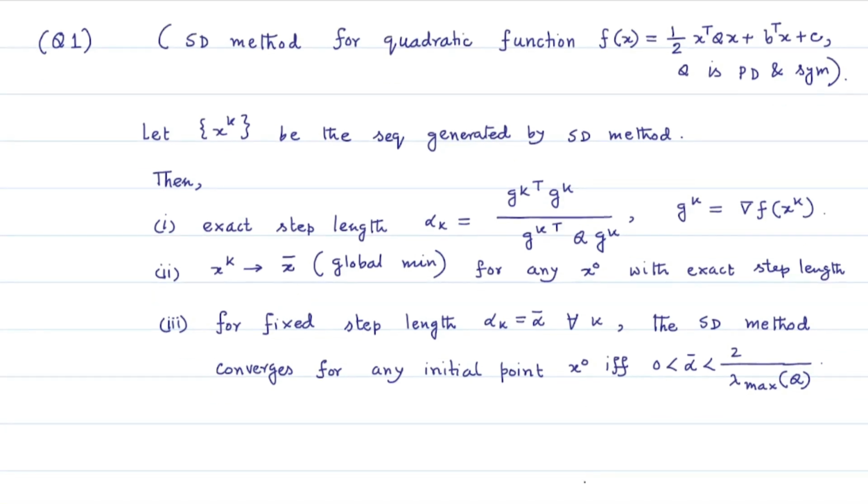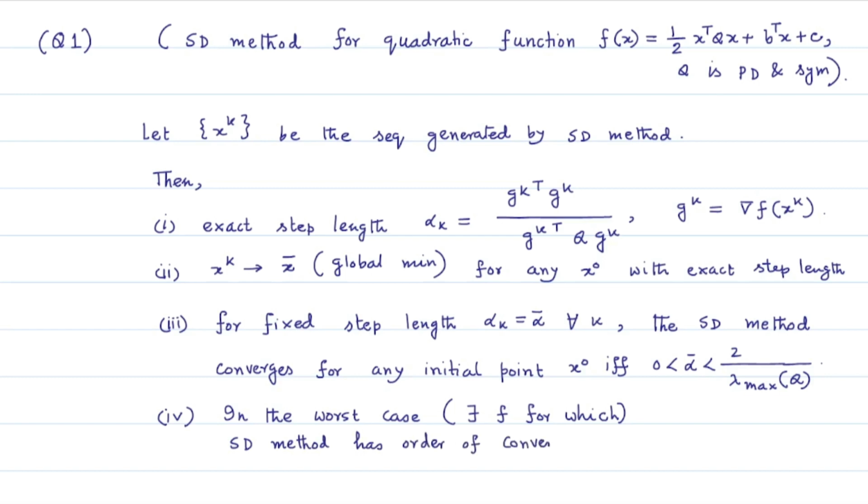And the fourth part of this result is a bit tricky: you try to find a function f so that the steepest descent method has order of convergence exactly equal to 1. So in the worst case, there exists a quadratic function for which the steepest descent method has order of convergence equal to 1.